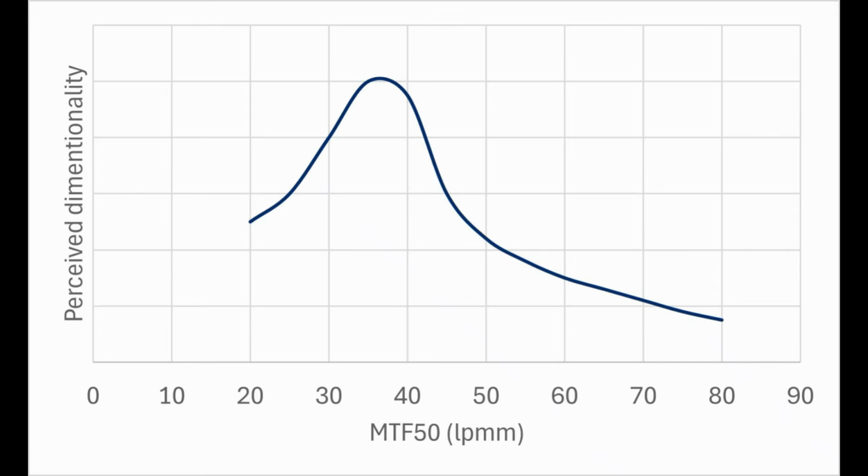Ideally, what we want is a lens that transmits a high level of contrast at low frequency and a lower level of contrast at high frequency, so that the tiny details do not distract from the tonal gradation of larger objects in the image.